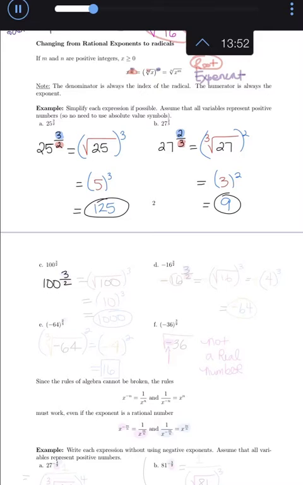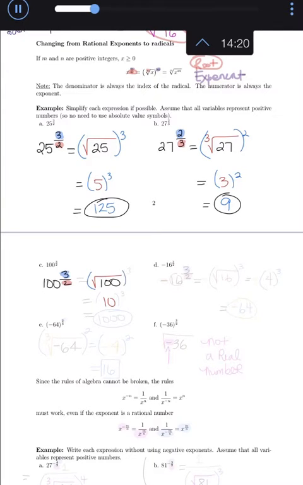Continuing right along, for C we have 100 to the 3/2. Again, starting with the bottom, we've got a 2, which means taking a square root of the 100 first. The square root of 100 is 10. We can't ignore the 3 on the top, which tells us we need to cube whatever we got out.